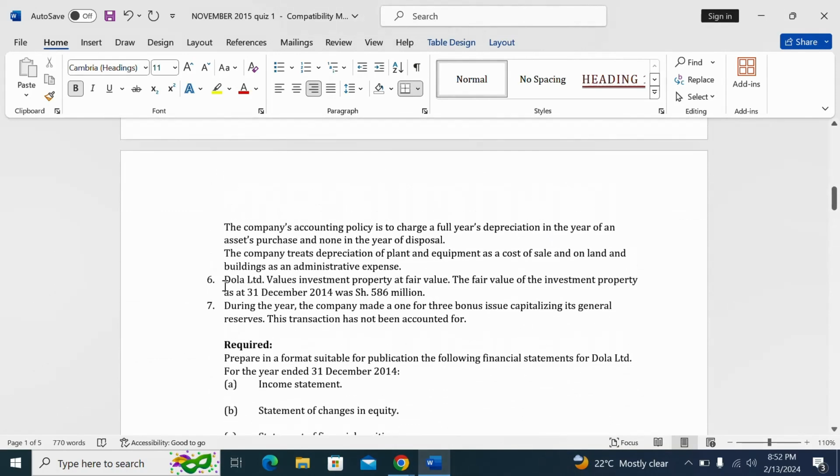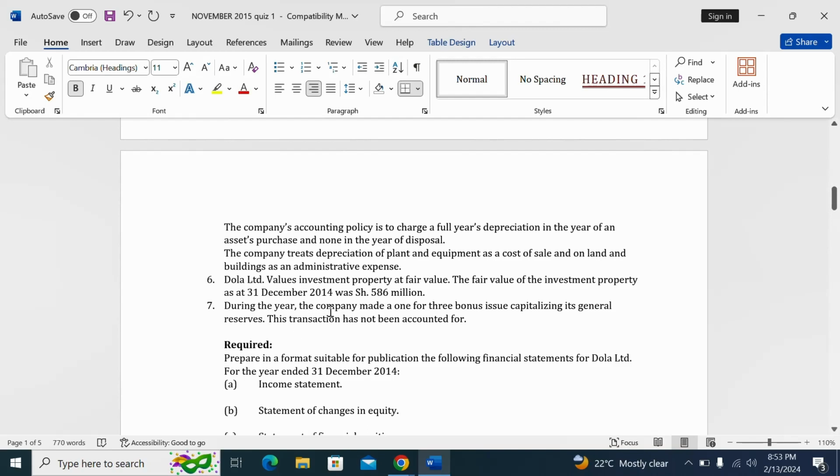Additional information number 7, does it affect our income statement? Let us see. During the year, the company made a 1-for-3 bonus issue capitalizing its general reserves. This transaction has not been accounted for. Therefore, we are going to account for it when we do our statement of financial position and statement of changes in equity.